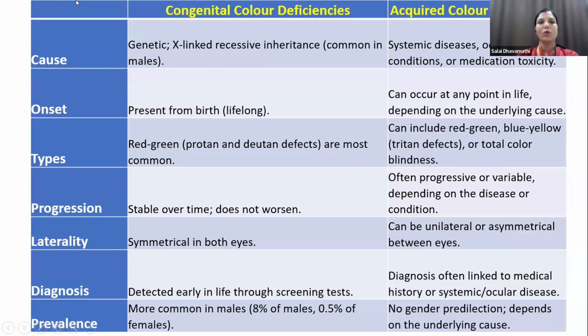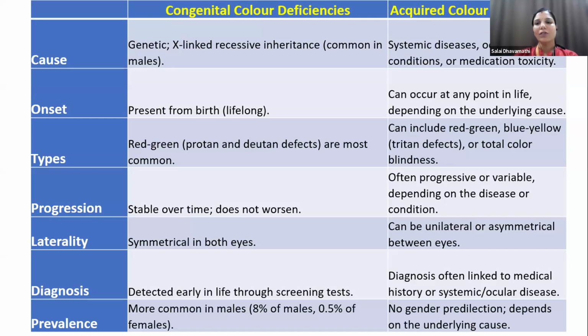Progression in congenital is the same: it is stable, it will not progress or worsen. But in acquired diseases, based on the disease or condition, it keeps progressing. Congenital is symmetrical in both eyes, but acquired deficiency can be unilateral or asymmetrical between the eyes.